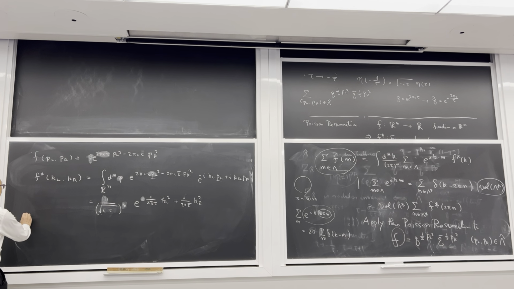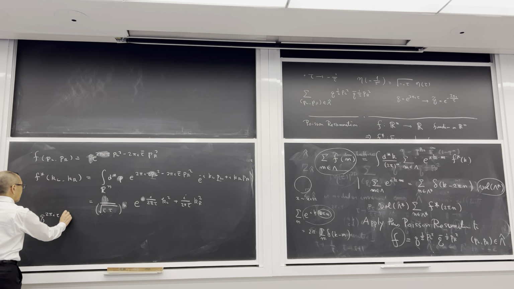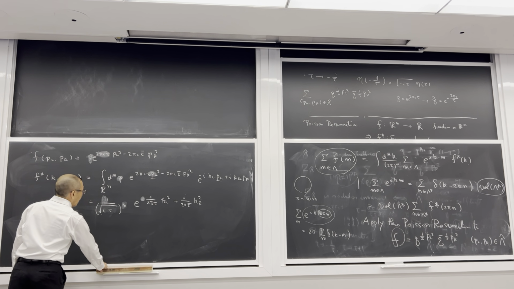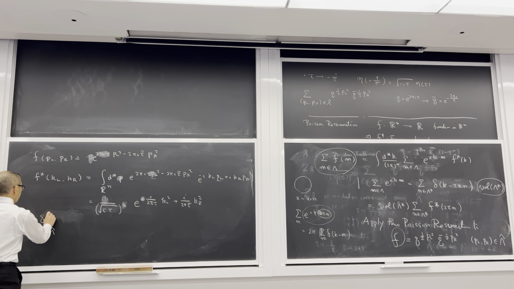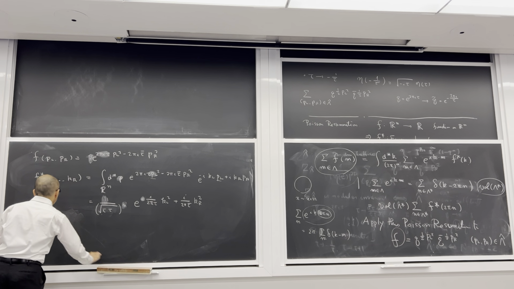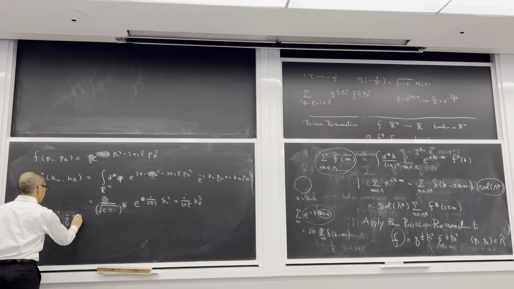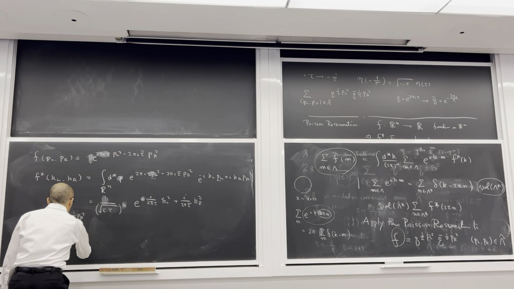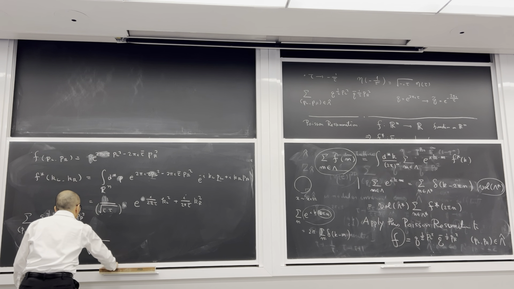So this means that the sum over p left, p right in this lattice of q of 2 pi I tau p left square minus, there is a factor 1/2 I missed, probably, q bar 1/2 p right square is equal to, so you get some factor of square root of tau bar.